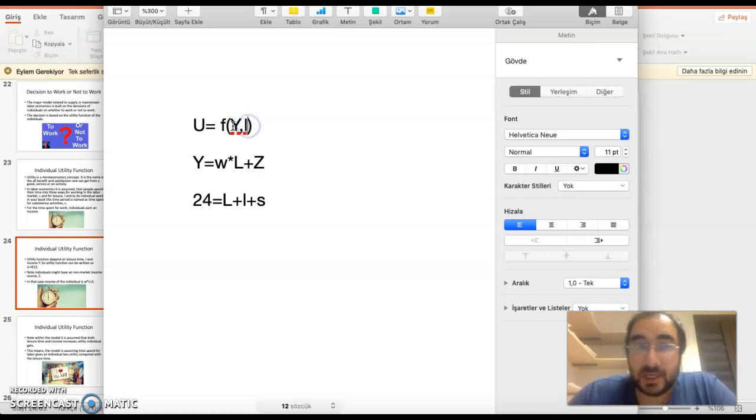So leisure and income give people utility. Those are the two variables which will be represented on the axes. Income will be represented by the y-axis, and leisure will be represented by the x-axis, and on the indifference curves, the utility level will remain constant.